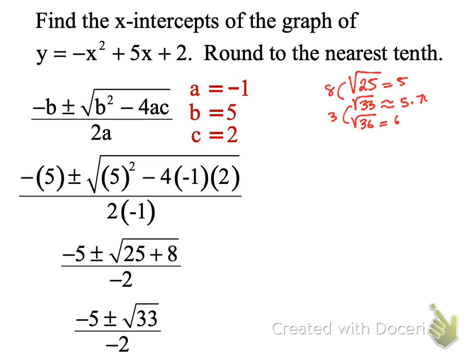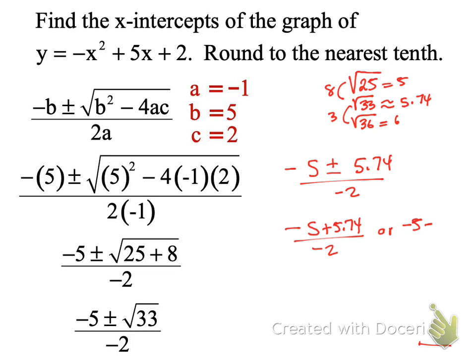So about 5.74. So now what we're doing is it's -5 plus or minus 5.74 all over -2. And we are left with -5 plus 5.74 over -2, or -5 minus 5.74 over -2. So what is this one?